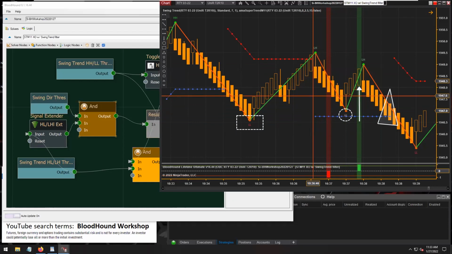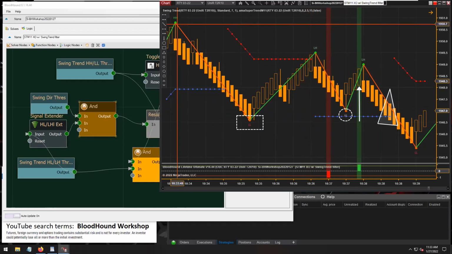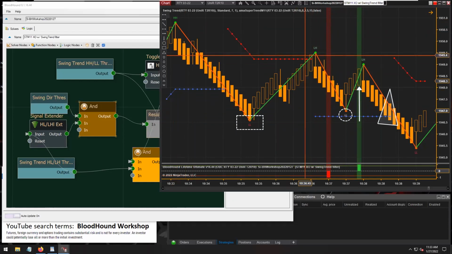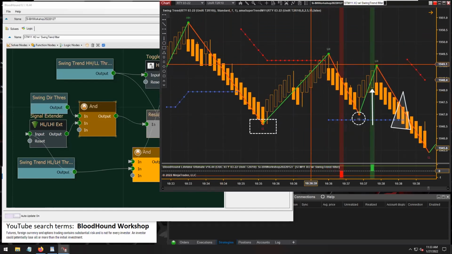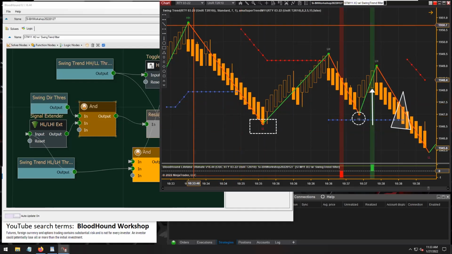And vice versa, this lower high was identified right there on that short signal for that lower high. So if this lower low had not occurred, right now this lower low, when it was identified, is going to reverse the higher high.